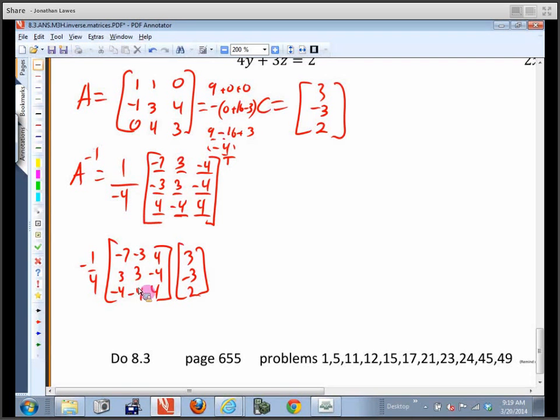Okay? So when I multiply these together, I'm going to have -1/4 times, and let's check and see what we get. First row, first column. First row right here, first column right here. Fairly large numbers to work with on this, but let's double check here. -21, and 9, and 8. -4.